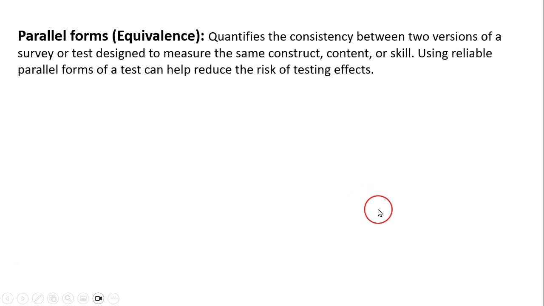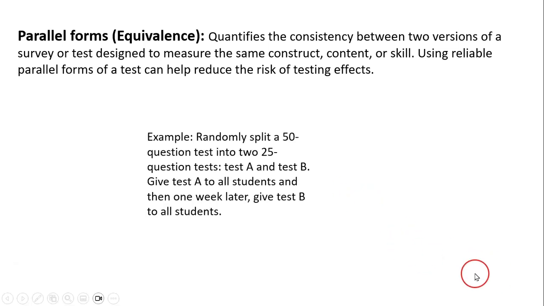Okay, they're highly correlated. So for example, one way to do this would be to randomly split a 50 question test into two 25 question tests, test A and test B. Give test A to all students, and then 1 week later, for example, give test B. So now, because you have different questions that are supposedly asking very similar things, you avoid some of the memory effects from the first administration to the second administration.